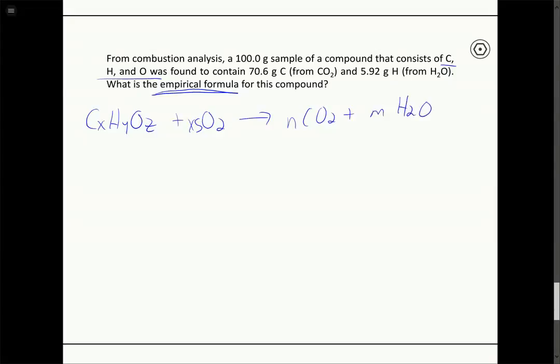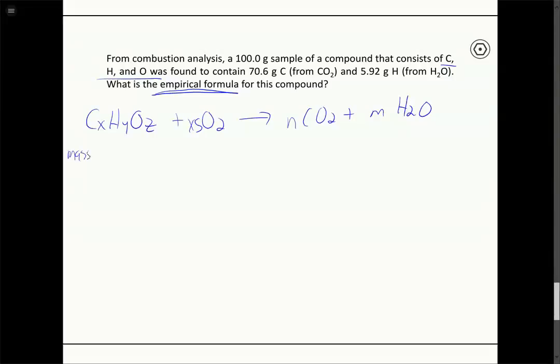The key point is we can't really balance the reaction because we don't know the chemical formulas, but we do know that all of the carbon in the sample goes into CO2. All of the hydrogen in the sample goes into H2O. Oxygen gets distributed everywhere, so we're going to find that last by difference. So we first have to find the mass of each element.